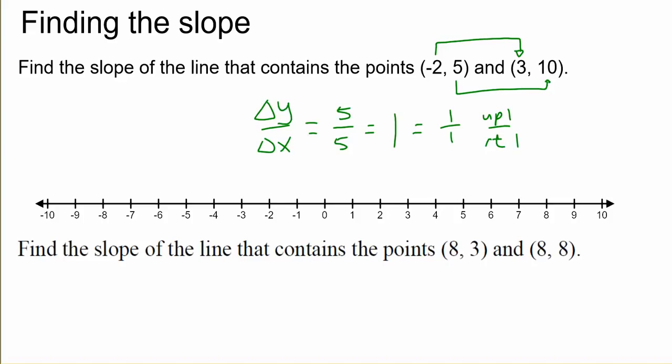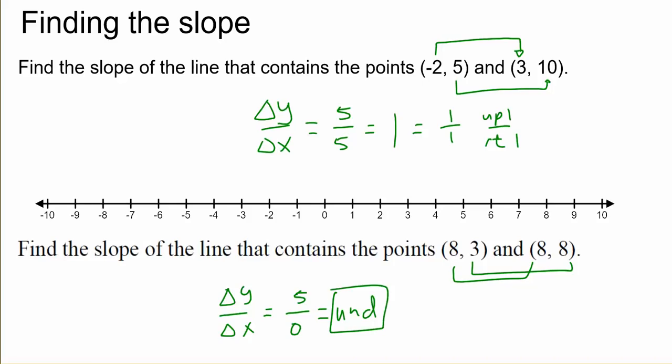Now, what do we notice here? We should notice, hopefully right off the bat, that we've got the same x value. Our change in y is 5 again, but our change in x, from 8 to 8, doesn't change at all. And anytime we're dividing by 0, our slope is undefined.